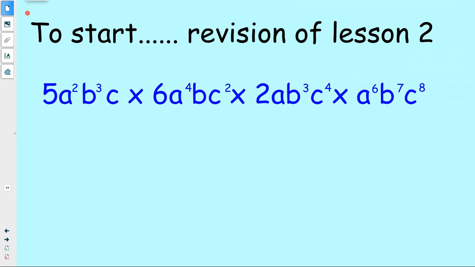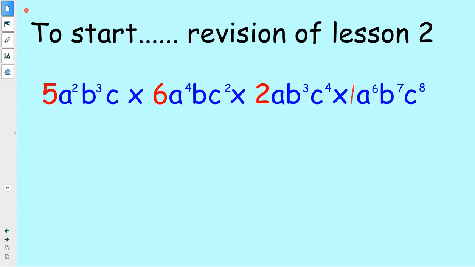Okay, so just to revise lesson 2, how would you simplify this expression? I'm going to look at the numbers first. I'm going to flash them up in a different colour. If I multiply these numbers together, what would I get? Now remember, there is a number in front of the last term here.